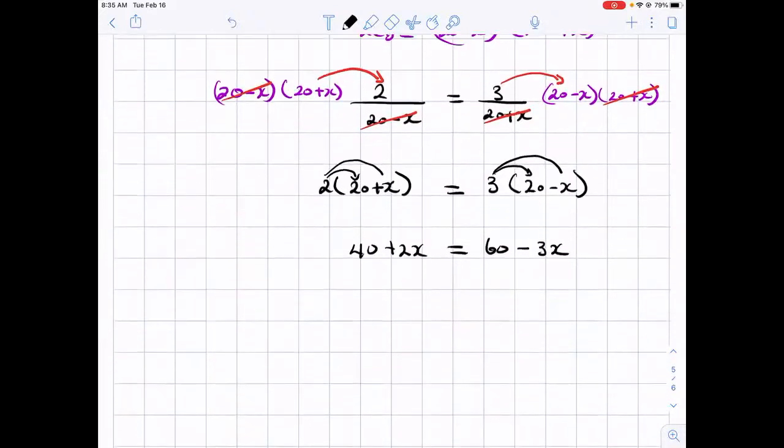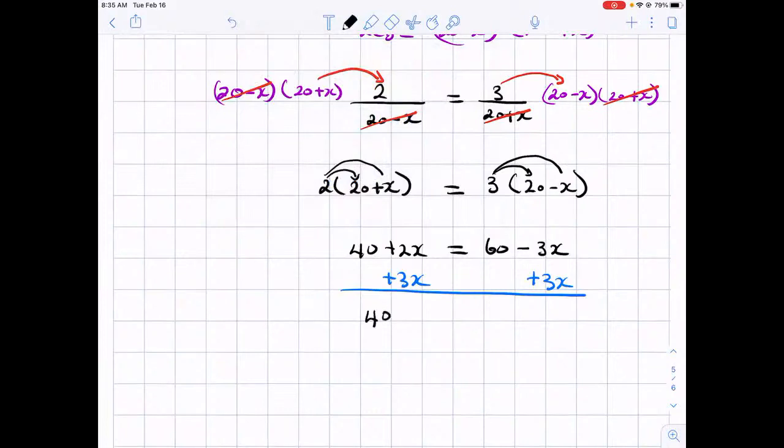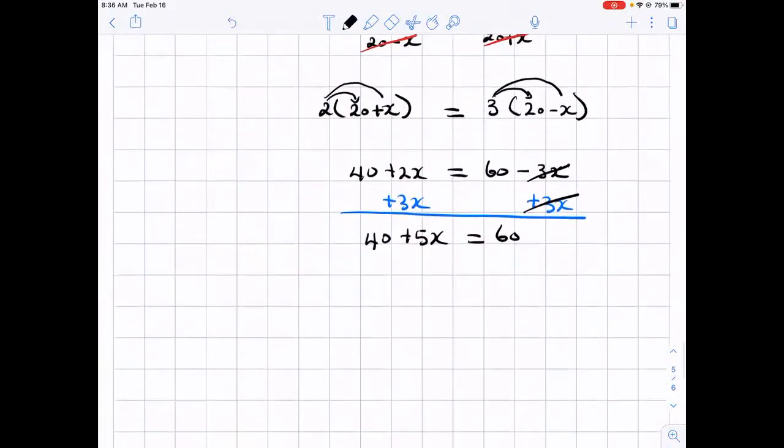Solving for x, I am going to add 3x because I always move the smaller x first, and this becomes 40. 3x plus 2x becomes plus 5x, and that is equal to 60, and minus 3x plus 3x cancel. Now I'm going to subtract 40 from both sides, because I'm trying to isolate x.